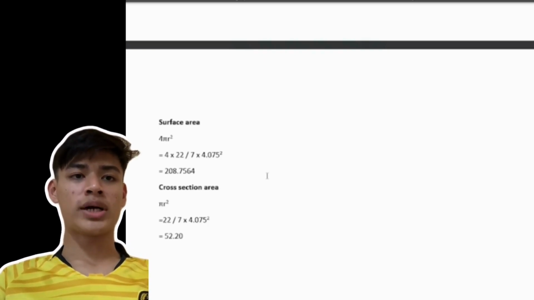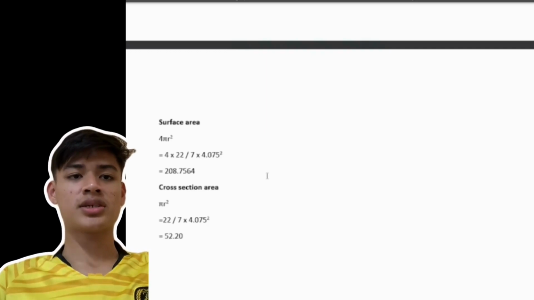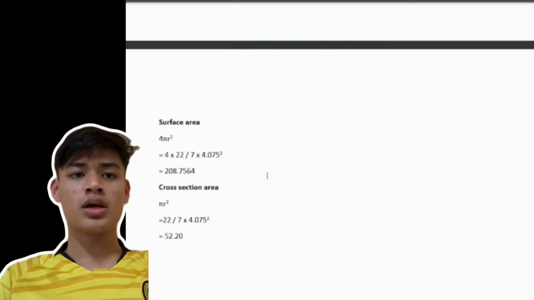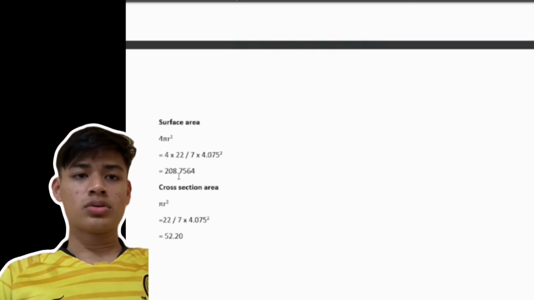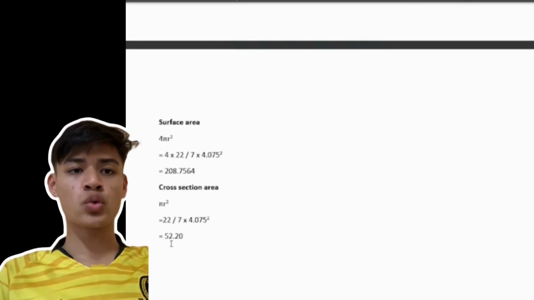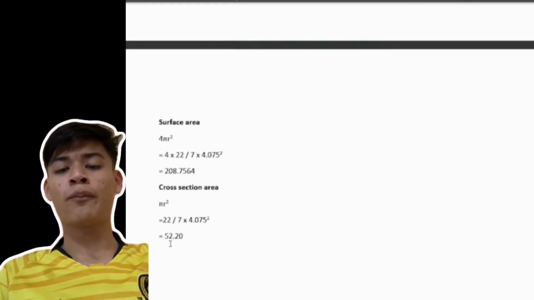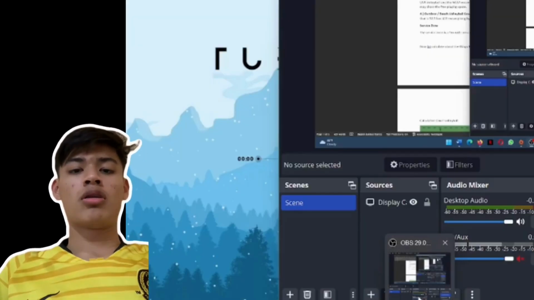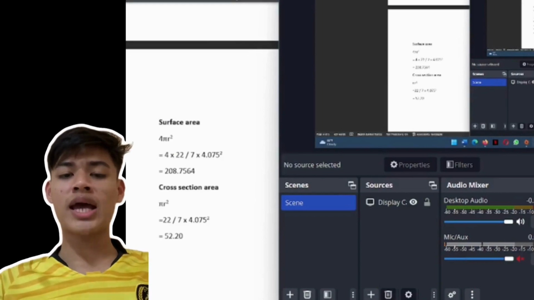And the last one is the cross section area, which has the formula pi r squared. So equal to 22 over 7 times 4.075 squared, and we got 52.20. Now that's all for the calculation of everything that relates to volleyball.